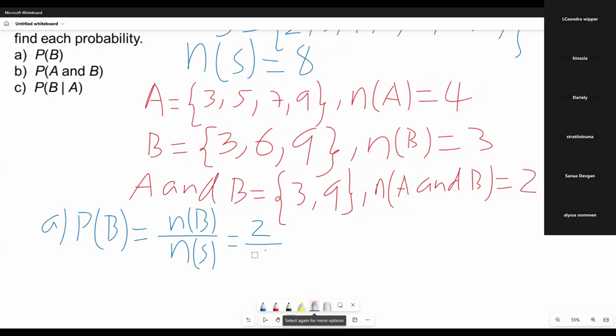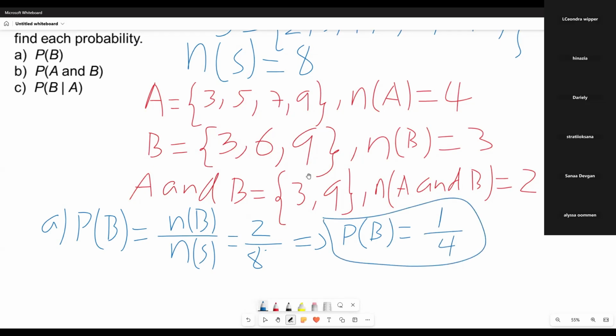N of S is 8. If you want, you can simplify here. That's 1 over 4. That's your P of B. So the two events are not mutually exclusive because they have two outcomes in common. The two outcomes are 3 and 9.